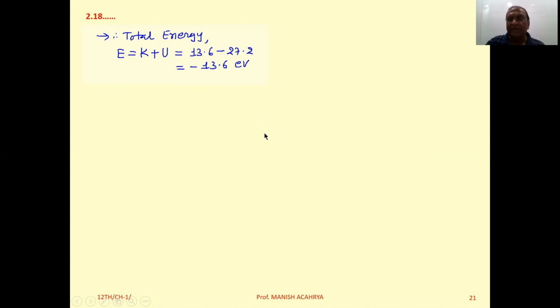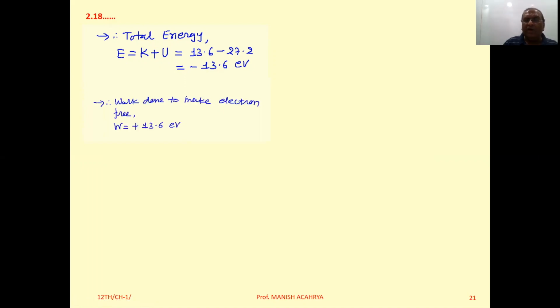Now, here, work done to make the electron free. See here, total energy comes to negative. When total energy comes to negative, it means the object is bound by this much energy. If you want to make it free, you have to make its total energy equal to 0.